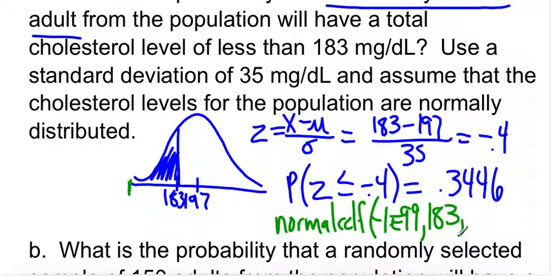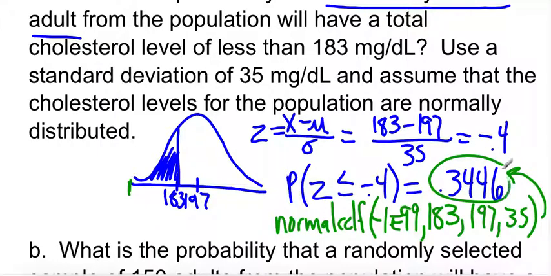Then it asks for mu, or mean, which is 197, and sigma, or standard deviation, which is 35. We plug that all into the calculator, and it also gives us 0.3446. Remember, there can be slight differences between the table and your calculator, and that's okay.